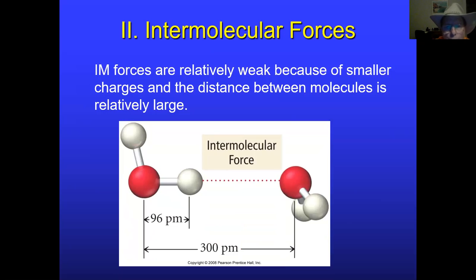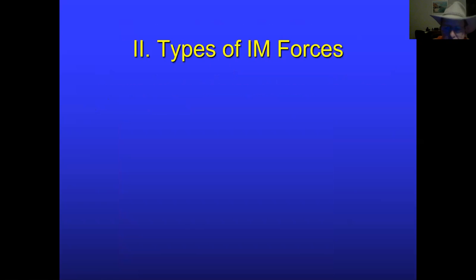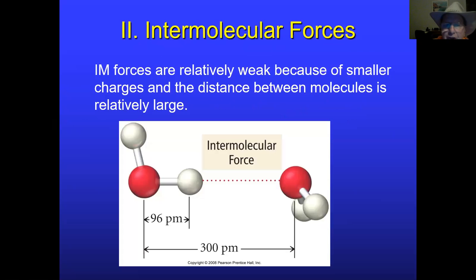If I'm dealing with a water molecule and I'm dealing with solid ice, the bond length, the distance between the center of the oxygen and the center of the hydrogens, is about 96 picometers. But the distance between the hydrogen of one water and the oxygen of another water, that distance is much larger.